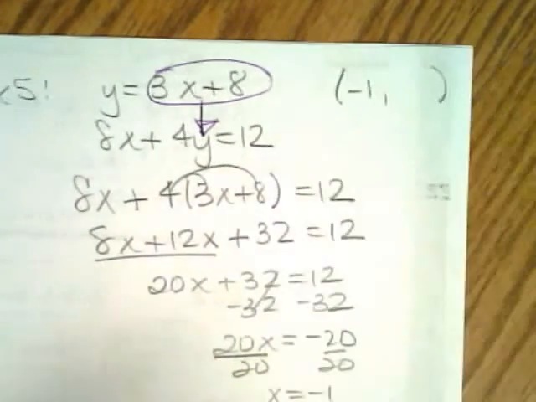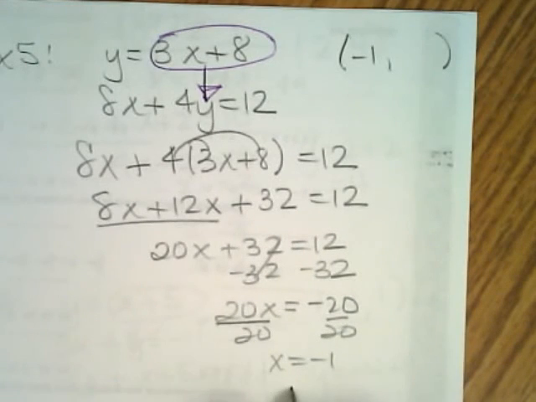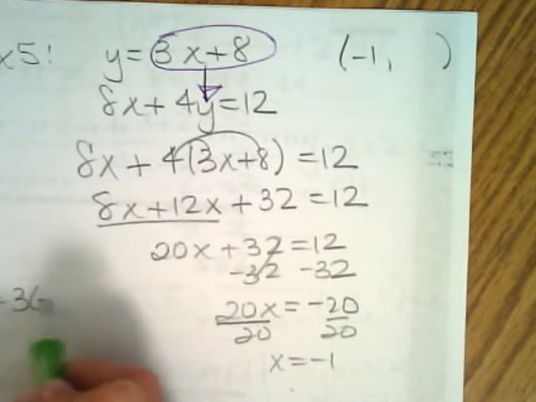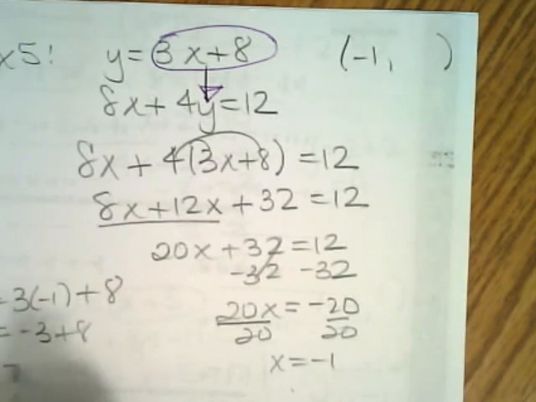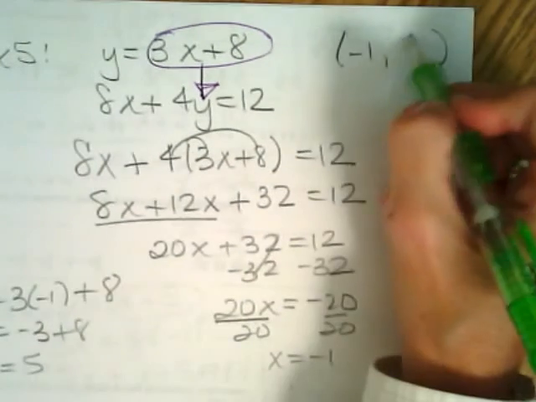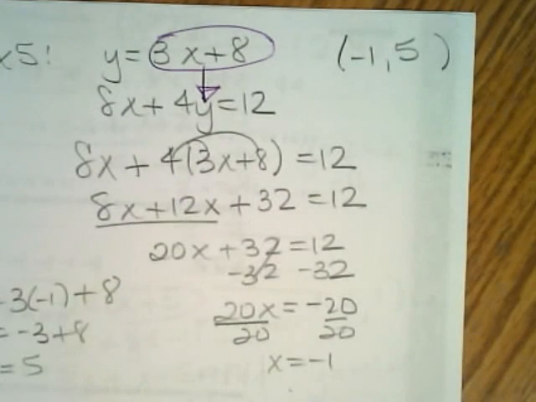So x is negative 1. Okay, and remember I need to plug in negative 1. So that gives me negative 3 plus 8. So y is 5. And my solution is negative 1, 5, which again means that's where the two linear functions intersect.